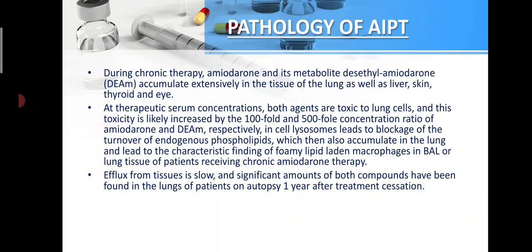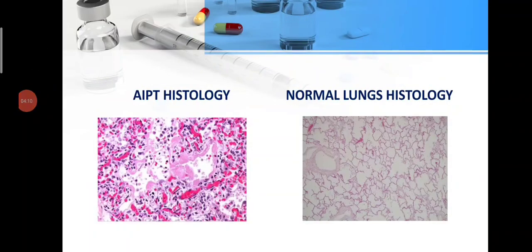Accumulation in the lysosome leads to blockage of the turnover of endogenous phospholipids, which then also accumulate in the lungs and lead to the characteristic finding of foamy lipid-laden macrophages in BAL or lung tissue of patients receiving chronic amiodarone therapy. You can see the normal lung histology and the lungs having amiodarone induced pulmonary toxicity.